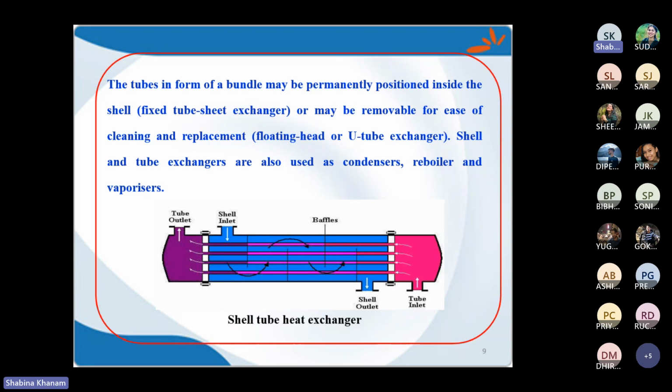I hope you are getting my point. So the type of holes or the interval of holes we are considering in the tube sheet, the same I should consider in the baffle. The only difference is that the baffle is only up to here, however the tube sheet is throughout the diameter of the shell.